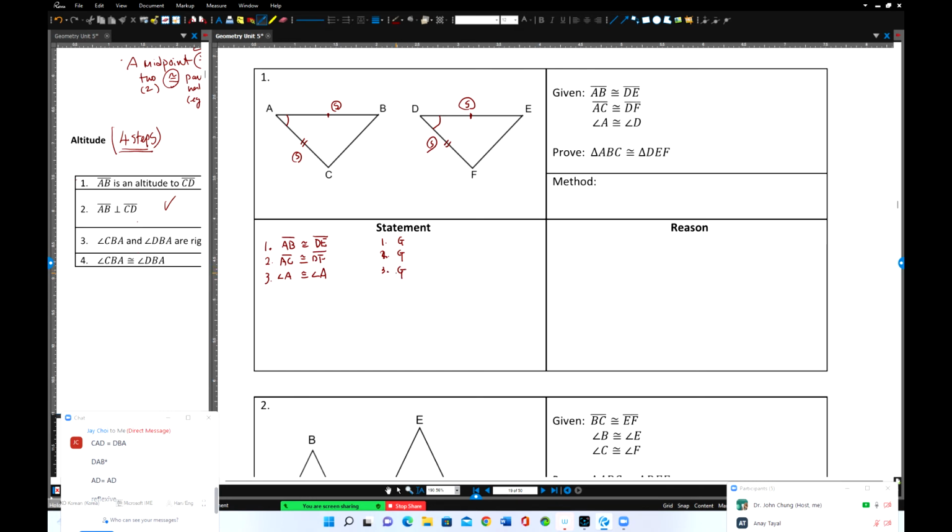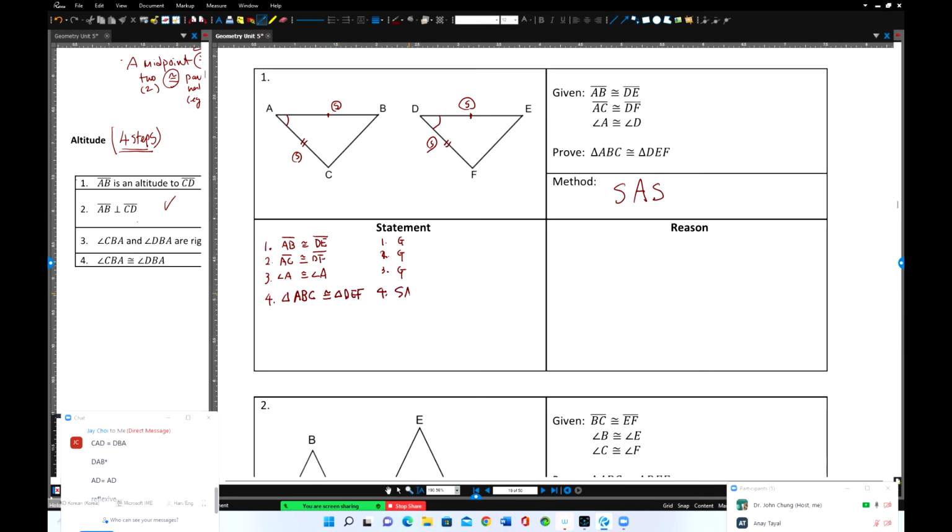Okay, now check it out. Which way? Side angle side. This is okay, right? Side angle side is okay. We already got it from the given, so we can make the conclusion. We don't need any work, because they are all given already. Now say triangle ABC congruent triangle DEF. The reason is what?